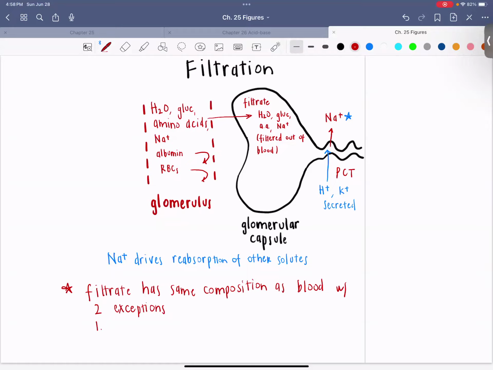And those are the large, non-diffusible plasma proteins, such as albumin, and the red blood cells and other formed elements.